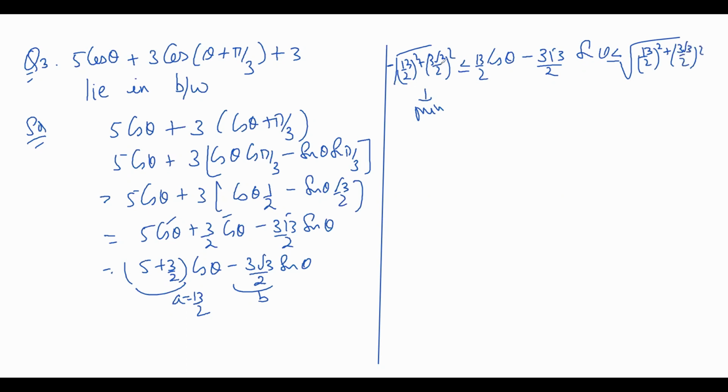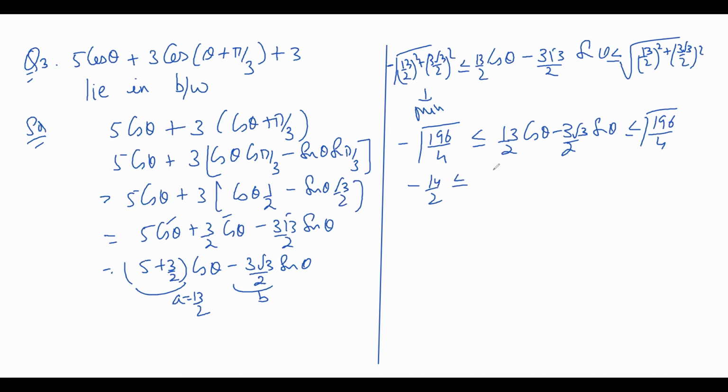This is 169 plus 27 upon 4, that is 196 upon 4, and this is minus 14 upon 2, whole square root of 14 and so on. Now what I get is minus 7 and plus 7.